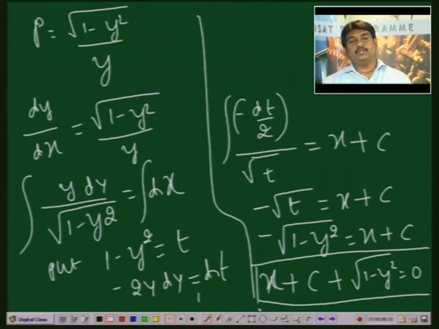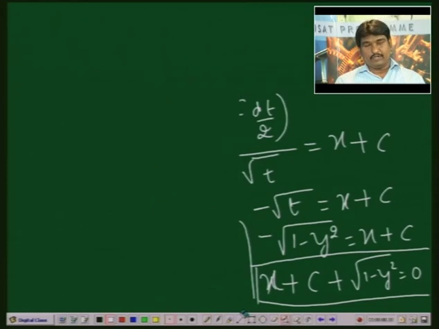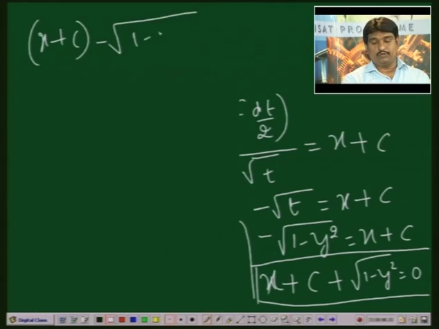This is a solution corresponding to the factor p equals to root of 1 minus y square by y. Similarly, if you start with the other factor, the negative term, you will get solution as x plus c minus root of 1 minus y square equals to 0.